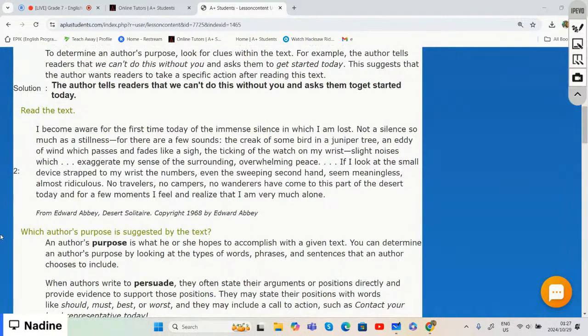It says, I become aware for the first time today of the immense silence in which I am lost. Not a silence so much as stillness, for there are a few sounds, the creak of some bird in a juniper tree, an eddy of wind which passes and fades like a sigh, the ticking of the watch on my wrist, slight noises which exaggerate my sense of the surroundings, overwhelming peace.